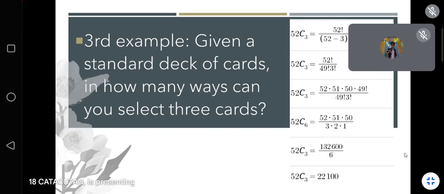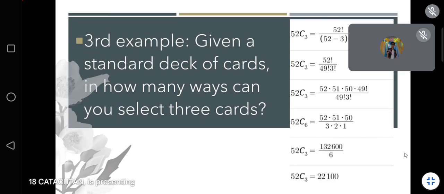We will start out having 52C3, 52 factorial over 52 minus 3 factorial and 3 factorial. If we subtract 52 and 3, we will have 52 factorial over 49 factorial and 3 factorial. Then 52 times 51 times 50 times 49 factorial over 49 factorial 3 factorial.